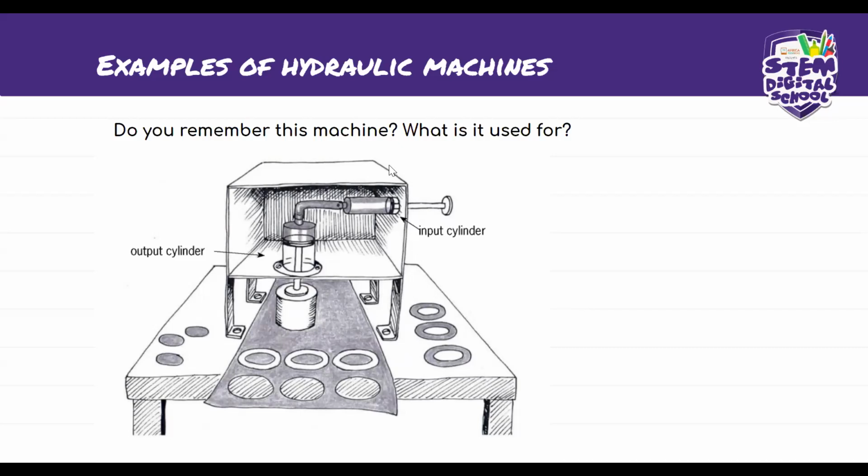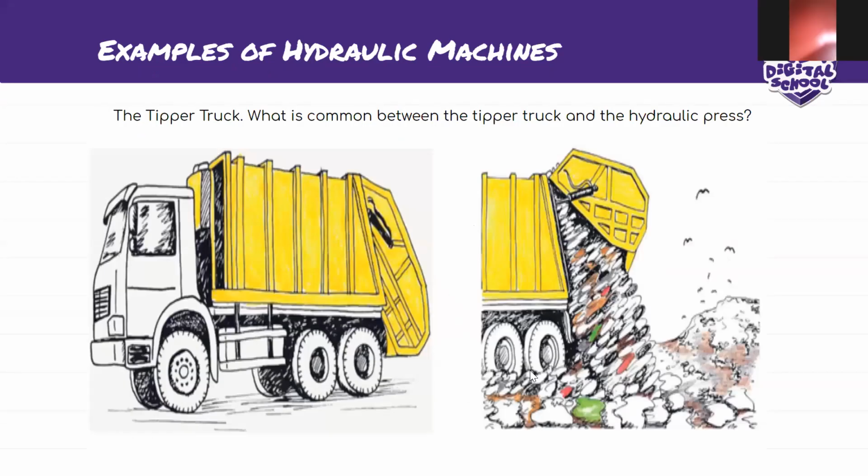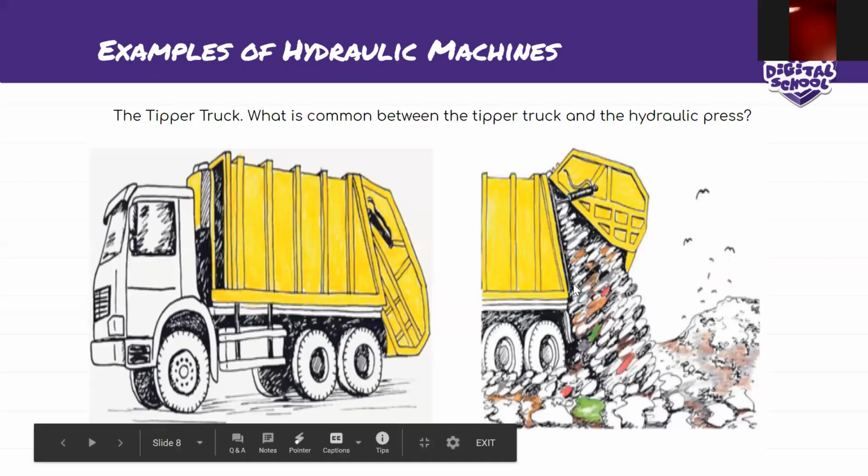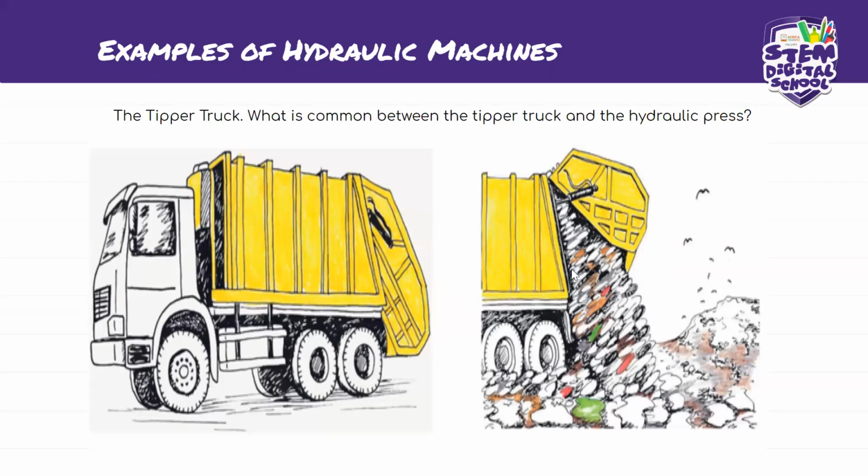Now, this is another hydraulic machine. We have a hydraulic machine inside here. This is a tipper truck, obviously used for what? What is this? A garbage truck. This is rubbish. It's all the garbage.